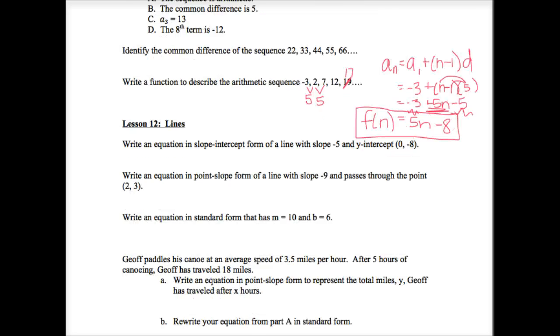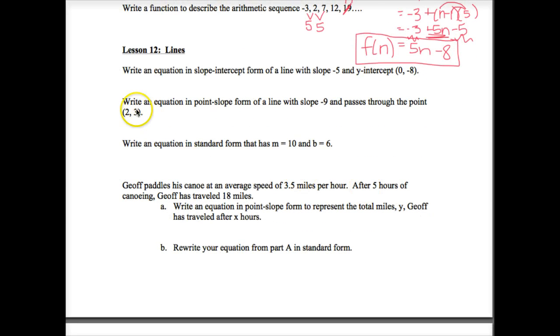All right. Equations of lines. Remember, it does not matter what form it asks for your answer in. You need to start your work based on what you are given.